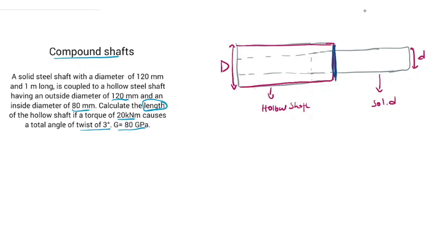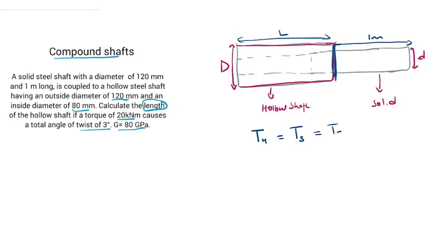They are joined in series here. Then we're given the length for the solid shaft, from here to here. The length is 1 meter. Then we're not given the length for the hollow shaft. Because these shafts are in series, the torque for the hollow shaft is equal to the torque for the solid shaft.